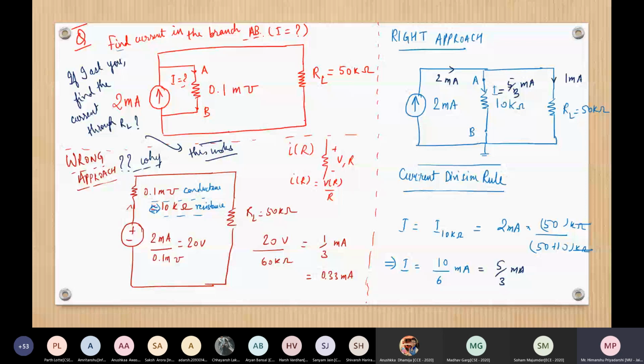You cannot change the model and expect the same appeal from the consumers, because different celebrities have their own brand equity. Different personalities have their own brand equity. Getting my point? So this 2 milliampere current source is being converted into a voltage source.